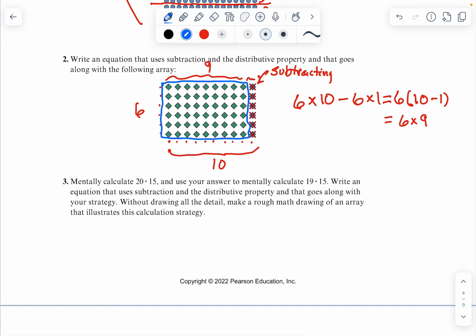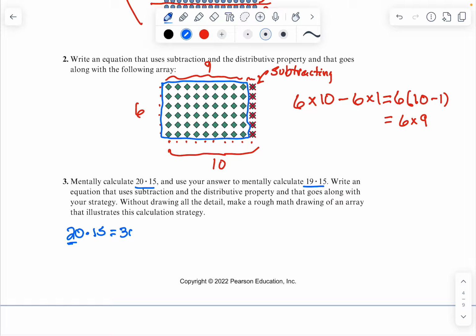Number 3 is going to ask you to mentally calculate 20 times 15 and use that to calculate 19 times 15. So it says, without drawing all the detail after we draw the equations, make a math rough drawing, right? So we have 20 times 15. We know from our associative property last time, that's just 2 groups of 150.